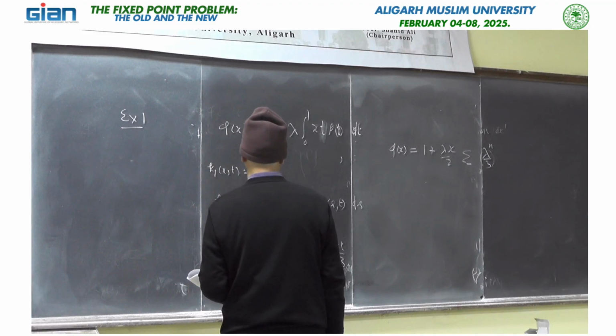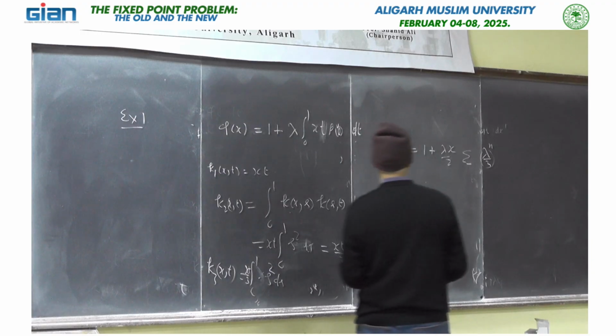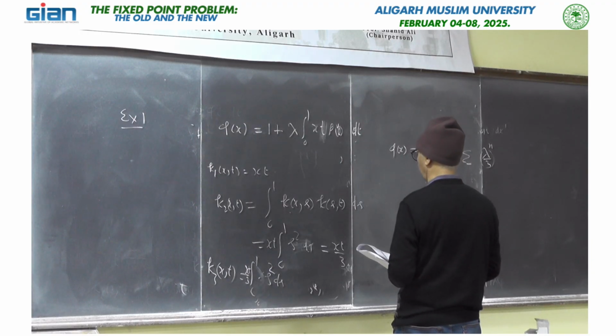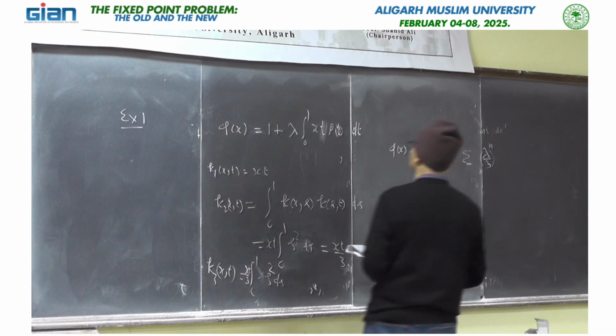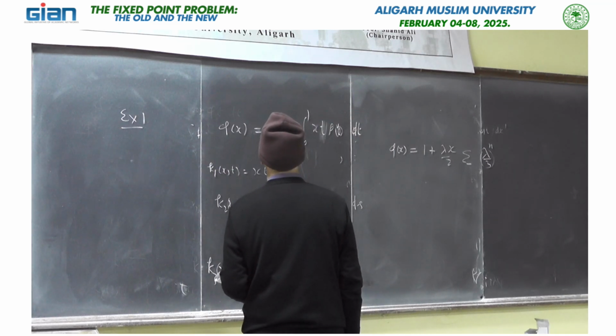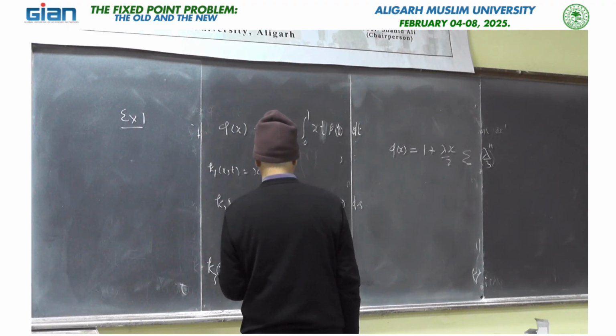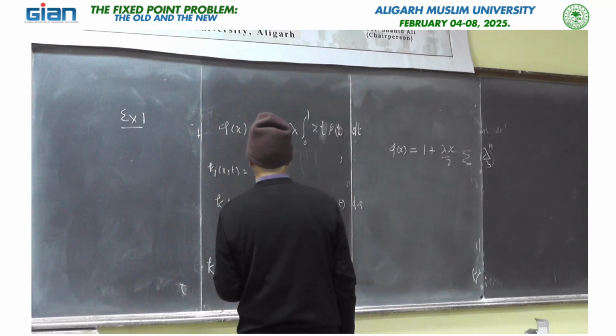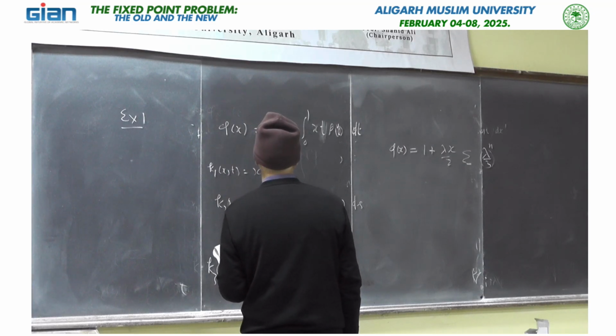K2, K3, okay. So, x t by 3. K1, am I doing something wrong?